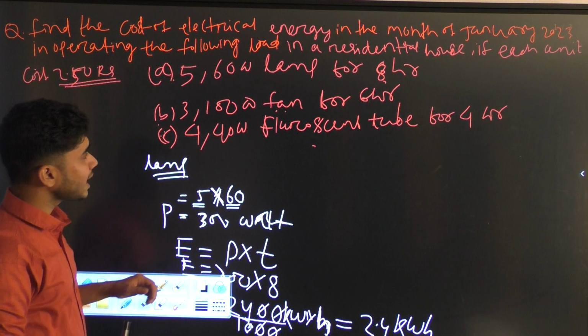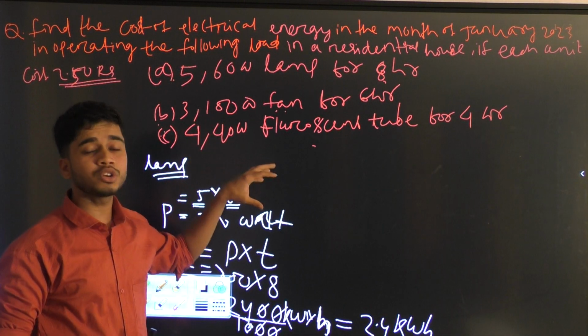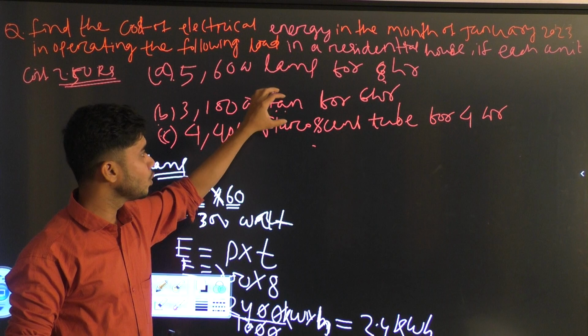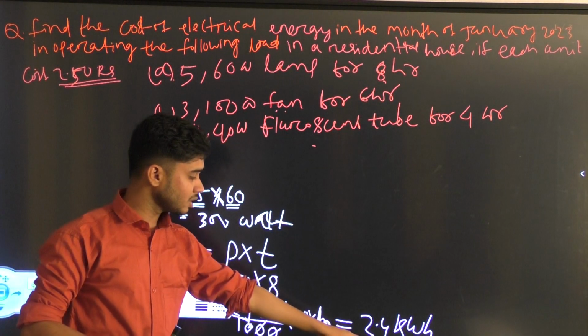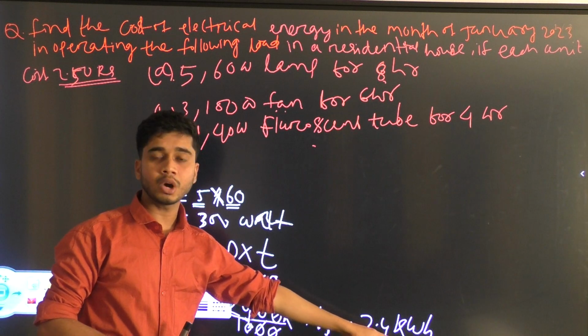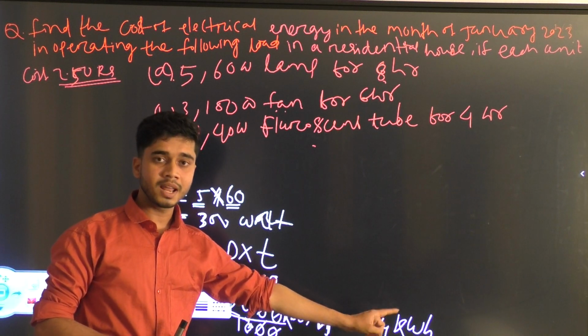Now I am interested to calculate the amount of energy consumed by this fan load. Similar calculation procedure. Just remember this value 2.4 kilowatt hour is the amount of energy required by lamp load.